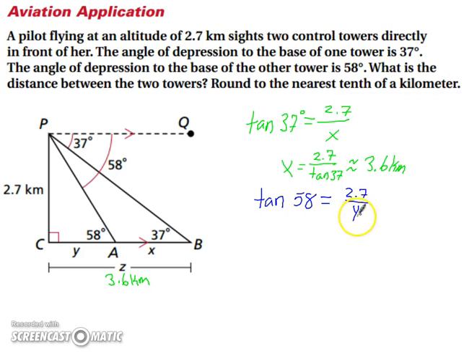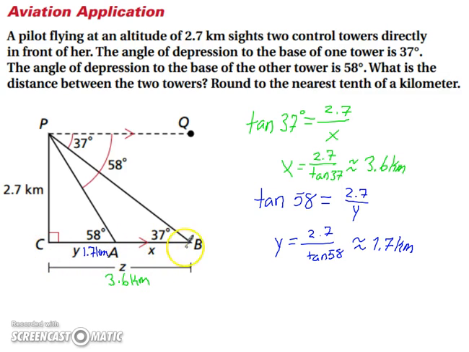So now we solve for y. Multiply both sides by y and then divide by the tangent of 58. So y is equal to 2.7 over the tangent of 58, which will give us about 1.7 kilometers. So y is 1.7 kilometers.